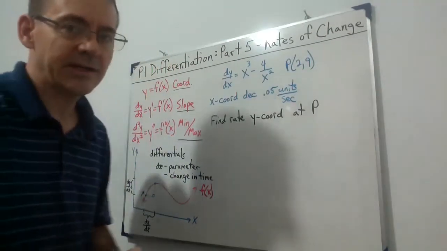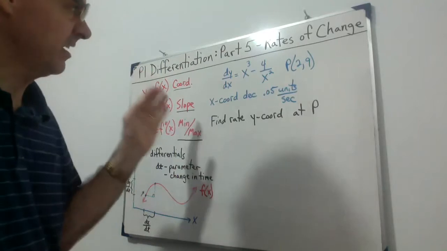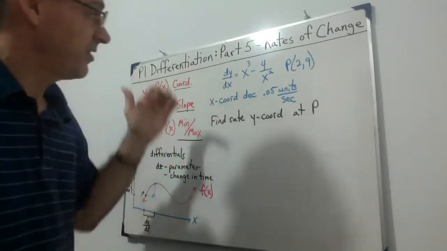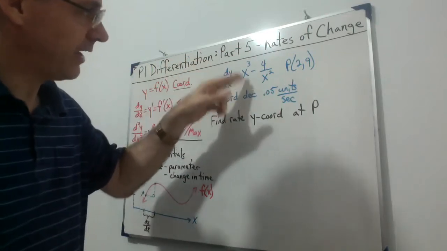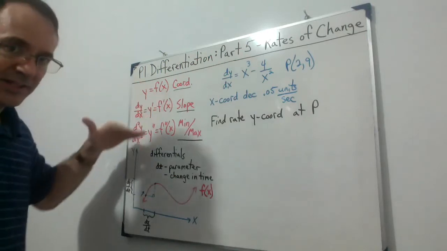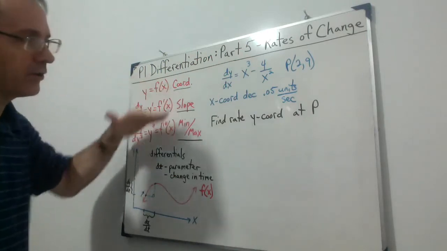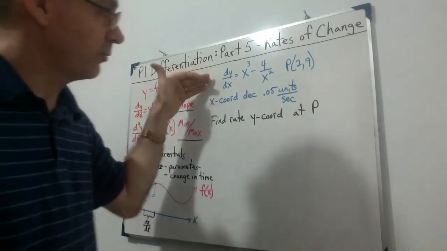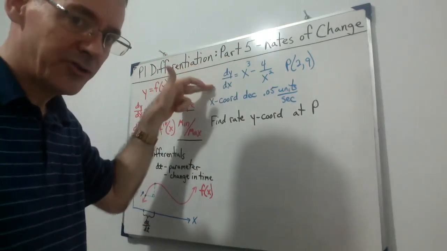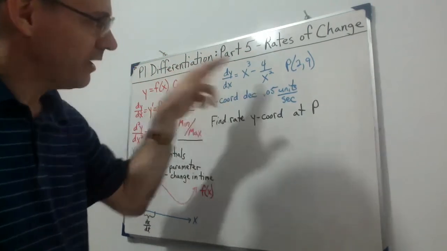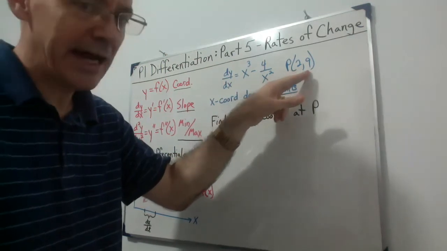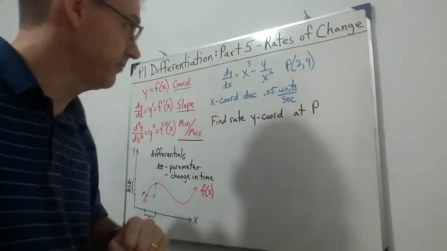Okay, here's our second example. Notice for this example, they actually already give us the derivative. So they give us dy dx equals x cubed minus 4 over x squared. Again, you always want to pay attention to where you're at in this flow of thought. So this is already the derivative, but it's in change in y in terms of change of x. And there's a point P at the location 2, 9 that is on this curve.